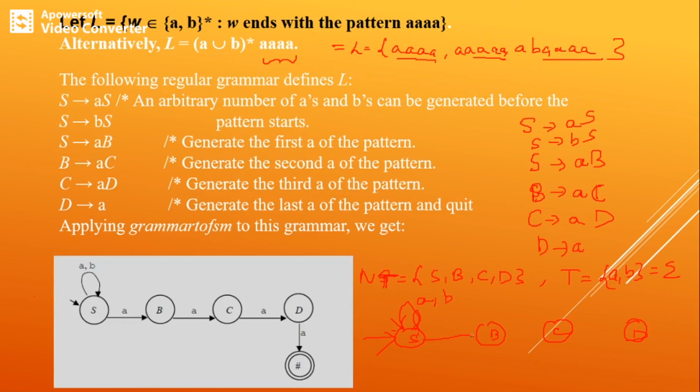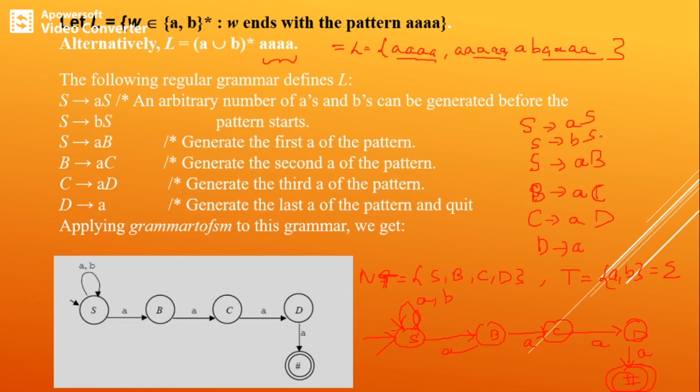Next S gives AB, B gives AC, C gives AD. Then D gives A. Since D gives A, a terminal, and there is no non-terminal here, you have to create one new state called hash, and D on A goes to hash, and make hash an accepting state.